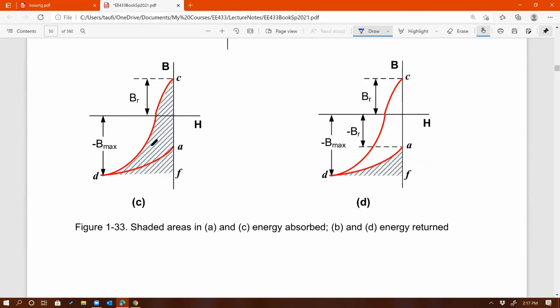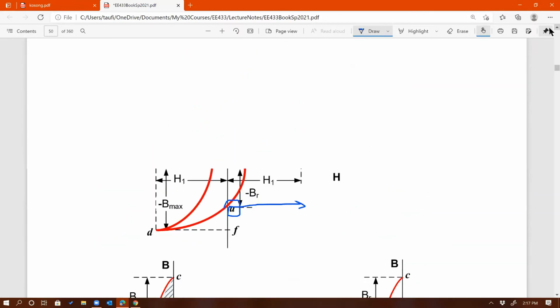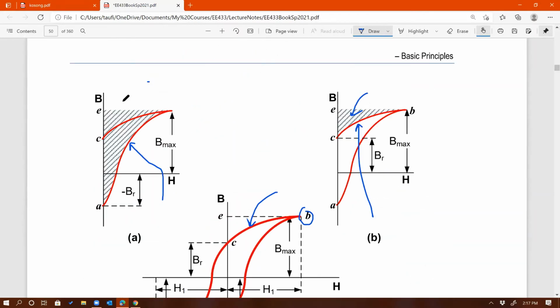From here to here is when you're charging the opposite way, and then you're releasing it the opposite way. You see that? Now, if I go back to the first half, if the shaded area represents energy being stored, and this smaller area represents energy being released, then how much energy is being lost in the process? It must be the difference between the two.